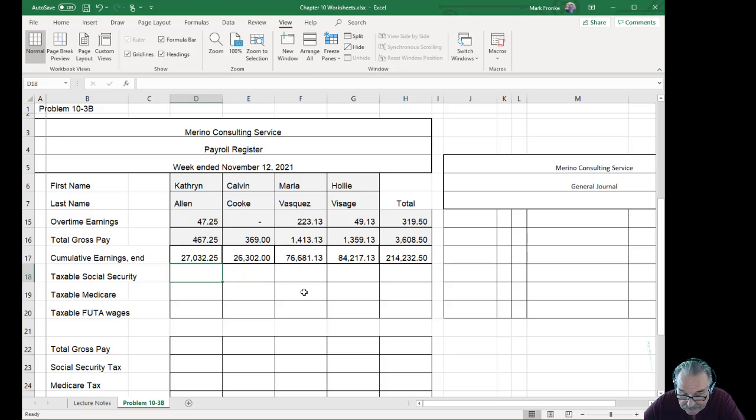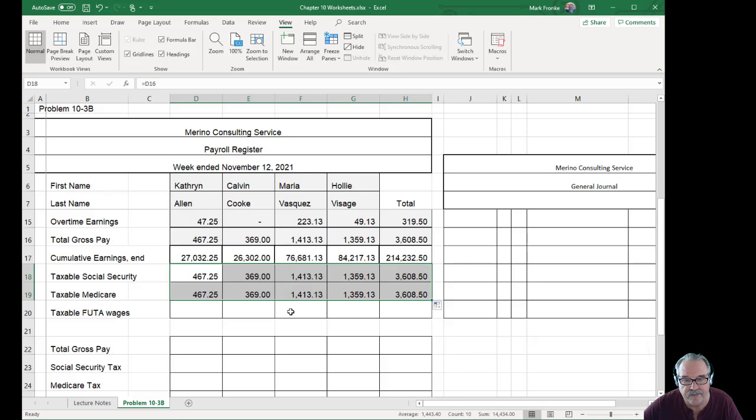So what that means is that their current gross pay is going to be the same as both taxable Social Security and taxable Medicare. So I'm going to just copy these across, because whatever their gross wages were for this pay period, they're going to be exactly the same for taxable Social Security and taxable Medicare.